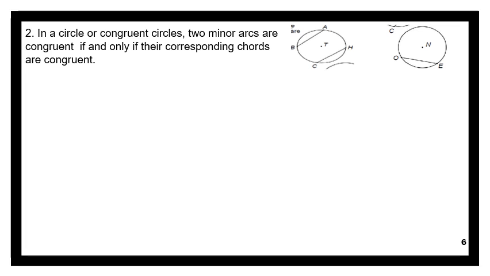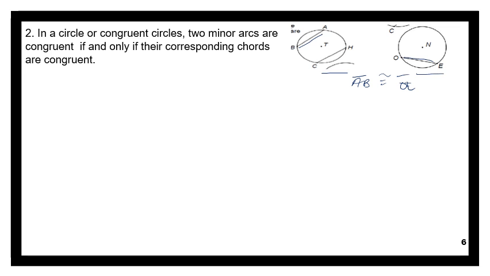Given two congruent circles, circle T and circle N, and two congruent minor arcs, AB and OE, we have to prove that chord AB is congruent to chord OE.